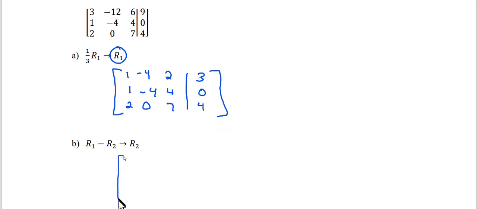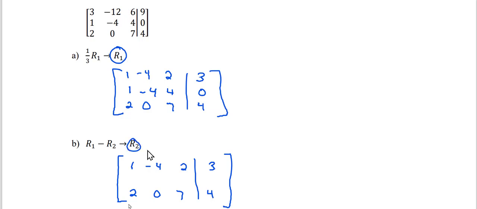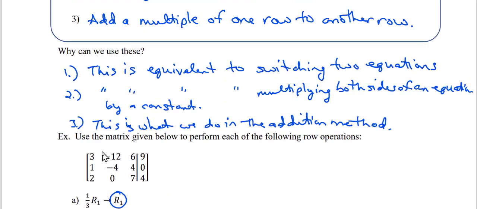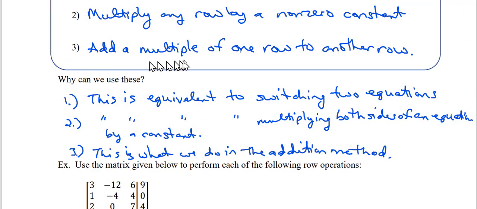Now I want to do row 1 minus row 2 and put it in row 2. I am going to copy the other two equations as they are because I'm not changing row 1 or row 3. I am only changing row 2. This row operation is really the third one here: add a multiple of one row to another row.